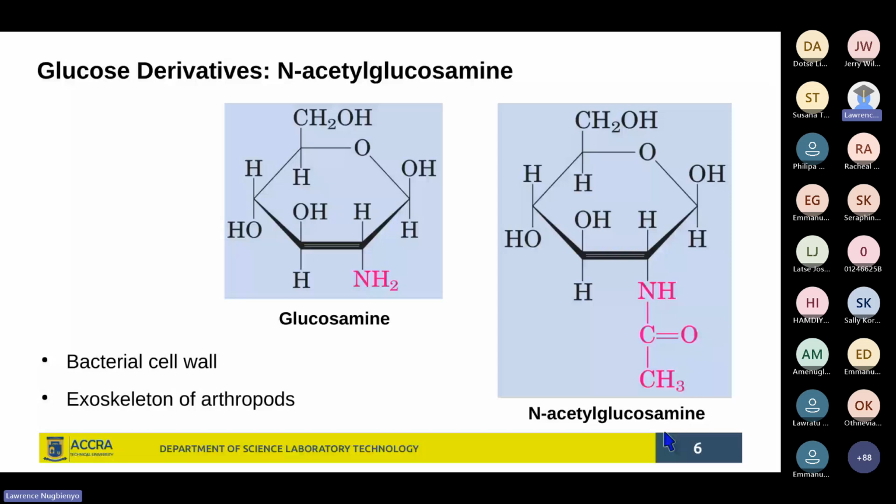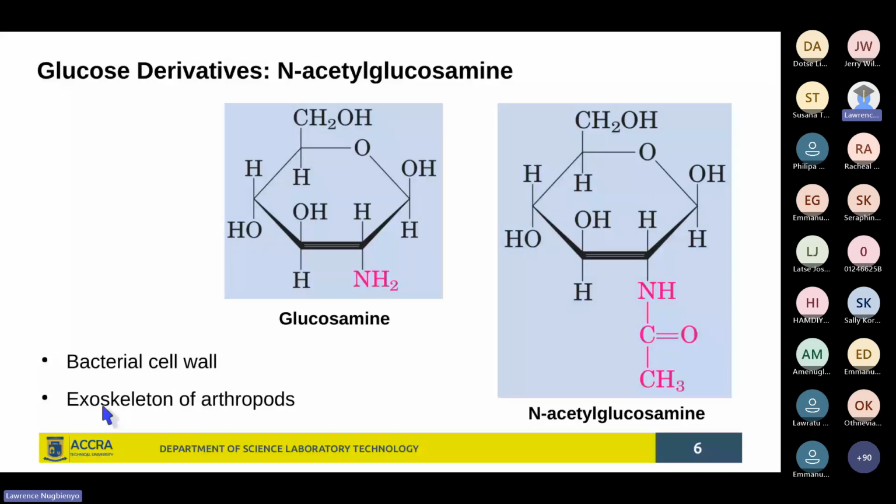You will also find it as a major component of the exoskeleton of arthropods, like insects, and crustaceans like crabs and lobsters. You'll find N-acetylglucosamine, this time forming a homopolysaccharide, a polysaccharide that contains only N-acetylglucosamine. That polysaccharide is chitin, which is a major component of the exoskeleton of these organisms.